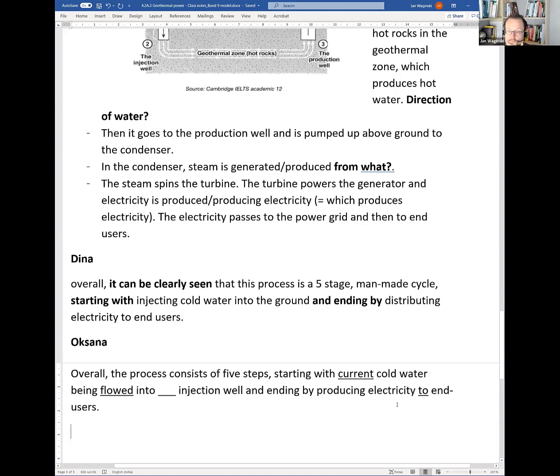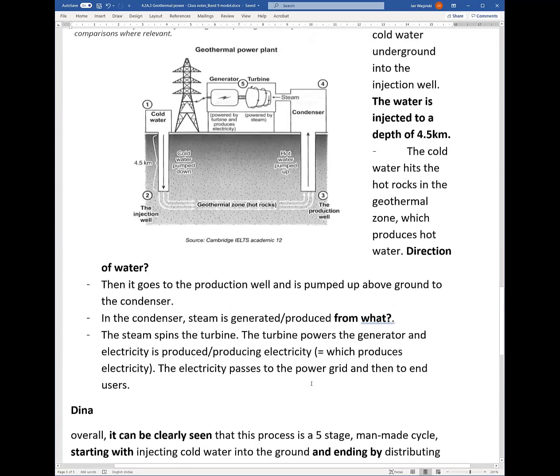Oksana, are you there? Yes. Okay. I have a question. That current, where we can use the word current, it's like current water, cold water, right? No? Current means the flow itself.